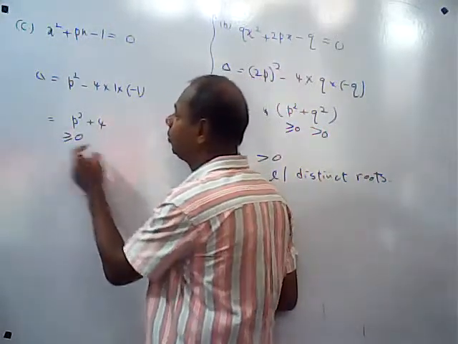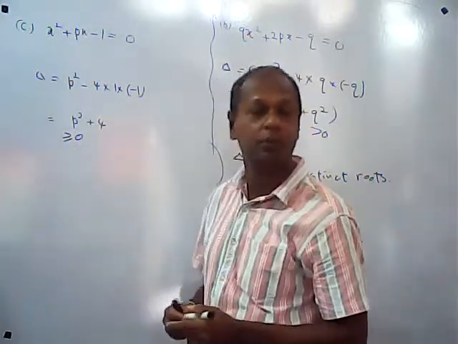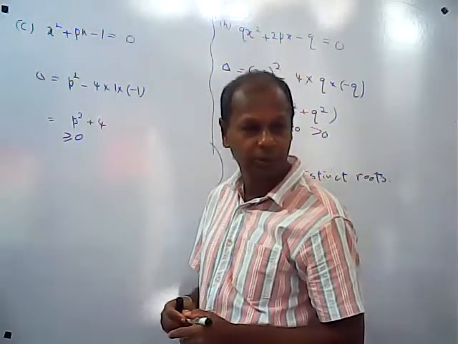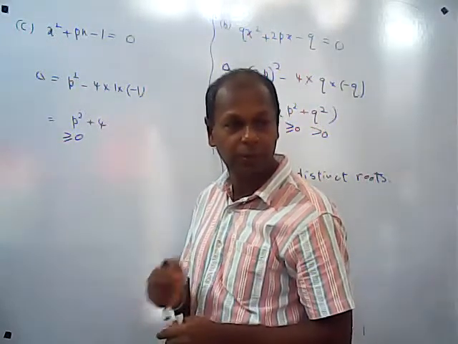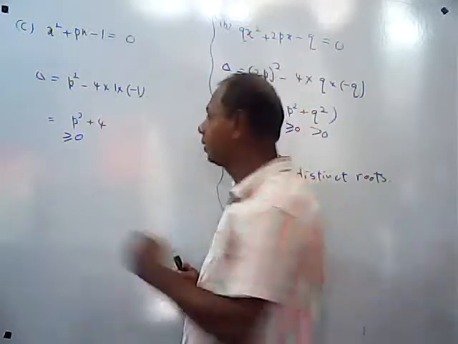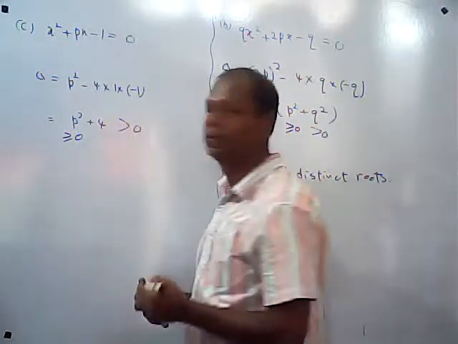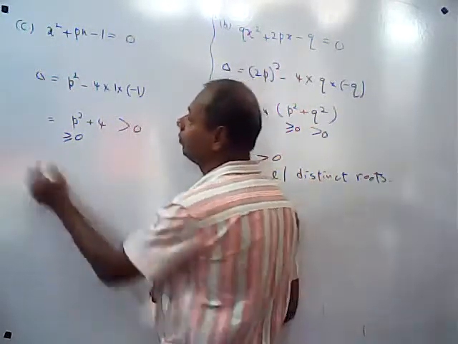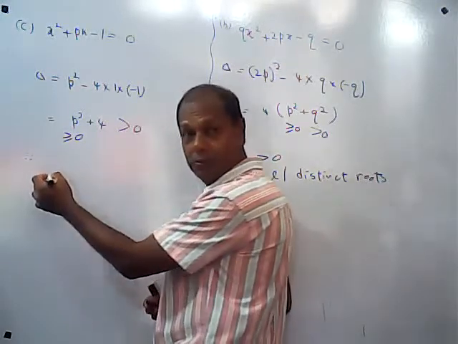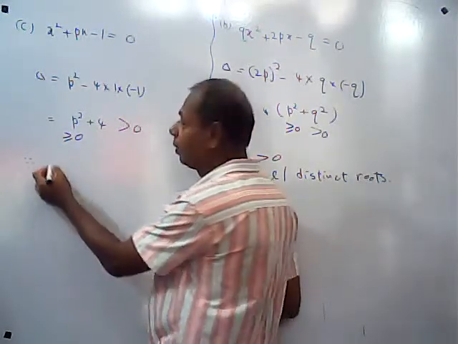It can never be negative. But you add 4, so it is definitely greater than 0. So delta is greater than 0. Therefore, what about roots? Roots are real and distinct.